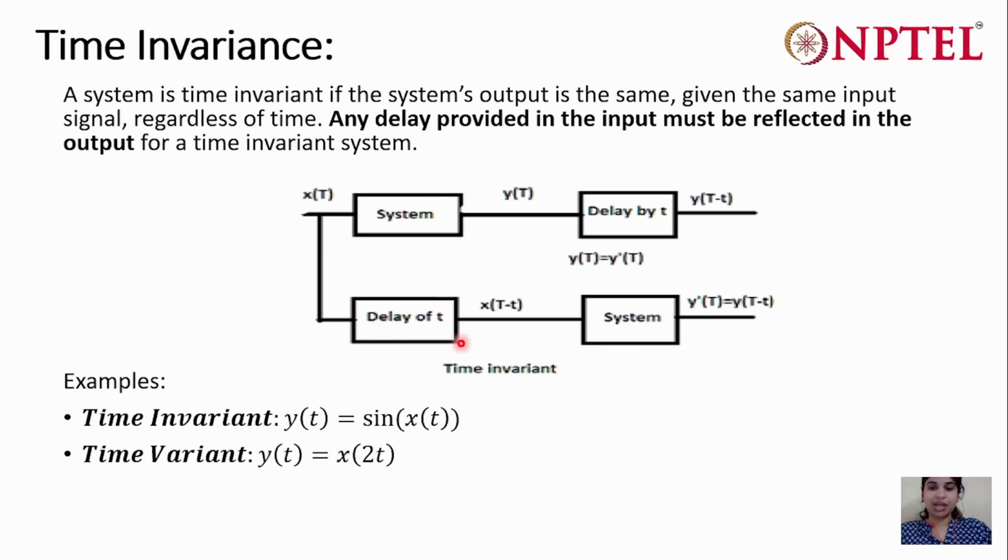So x of t minus tau. Now I am giving it to the system. This output and this output, both these outputs should be the same. So any delay provided in the input must be reflected in the output. If you have such a system, then it is said to be a time invariant system.